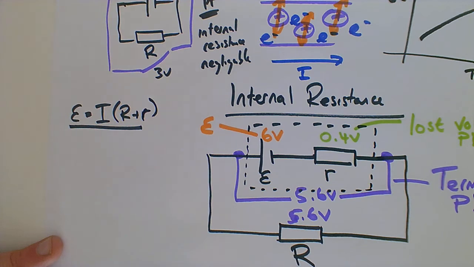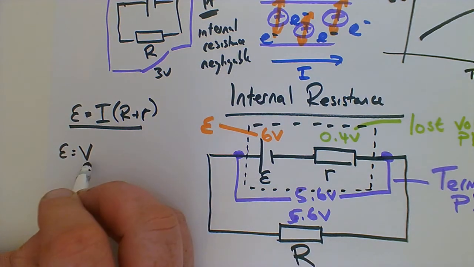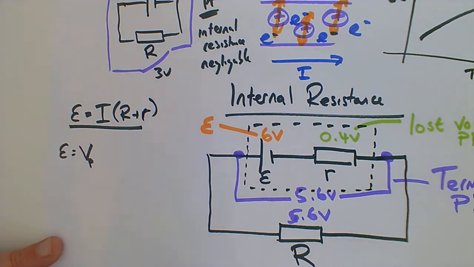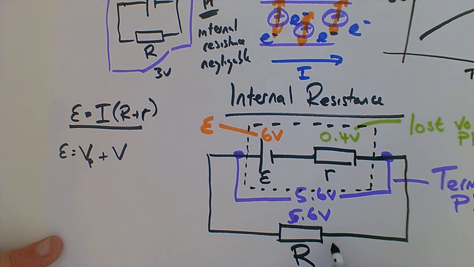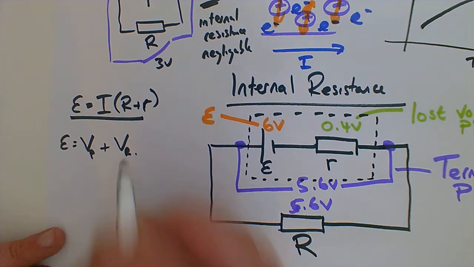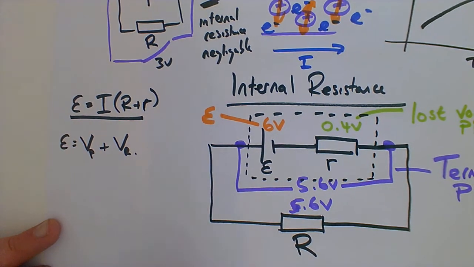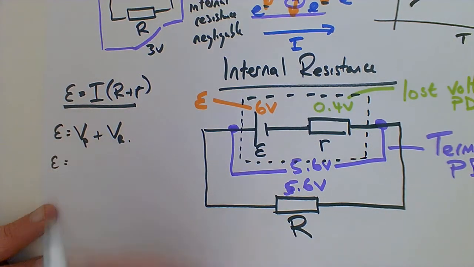voltage law, the second law, we know that the EMF is going to equal, let's say, the voltage across the power supply, so we'll call that V subscript P for want of a better one, plus the voltage drop across R. So we're going to call that V_R. Now, Ohm's law comes into play there, and we know that the voltage across here is V equals IR.